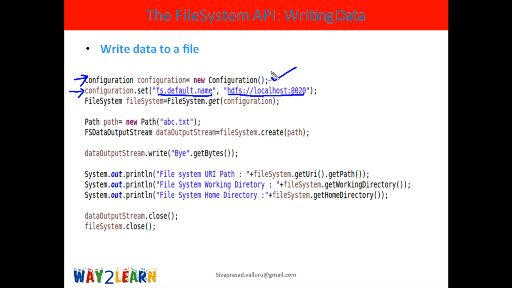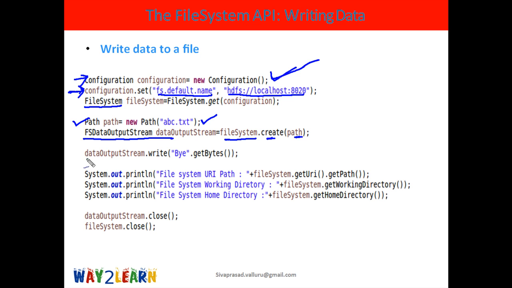Then I will get the file system. What I want to do is create a file called abc.txt. So I created a path object with name abc.txt. fs.create(path) will create a file and it is giving me a data output stream.